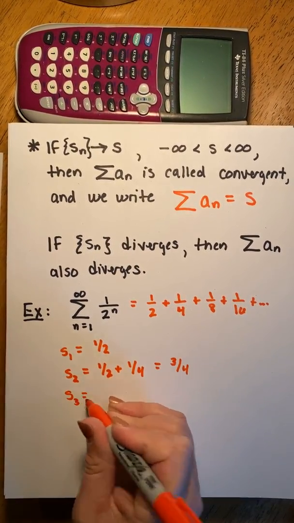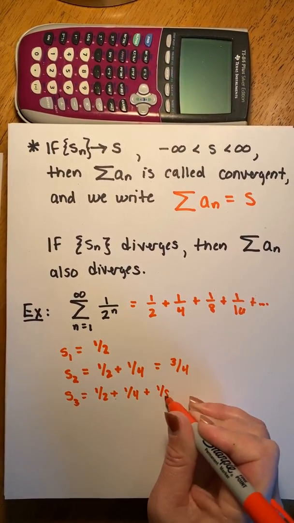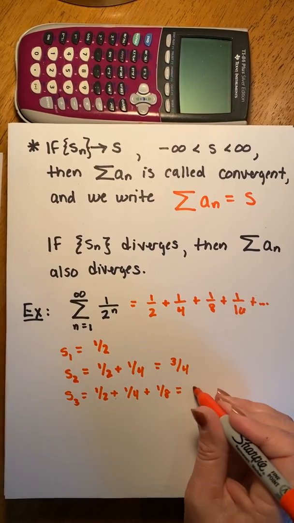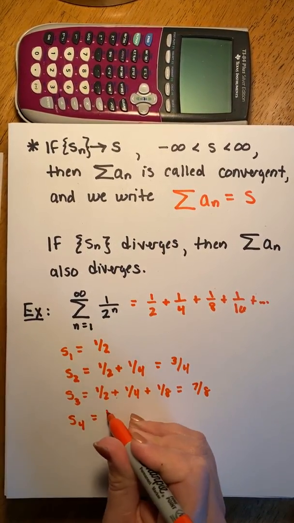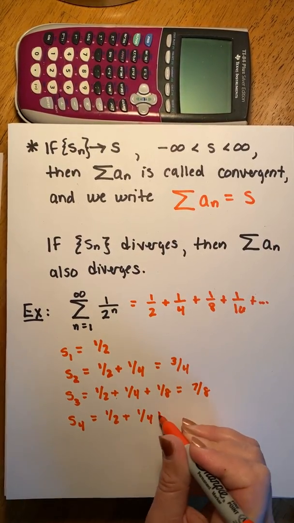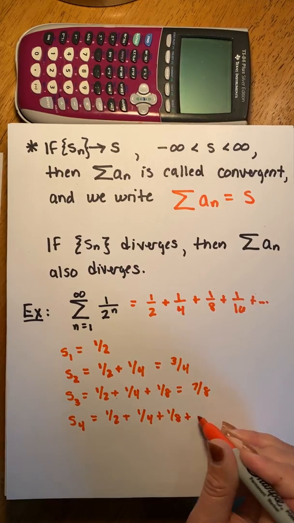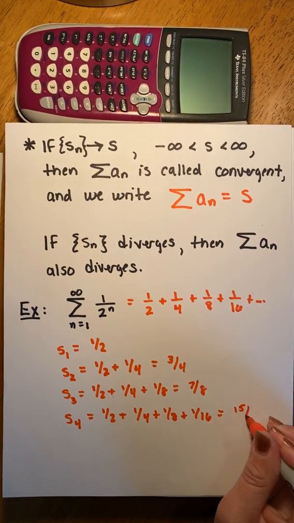The third partial sum is 1/2 plus 1/4 plus 1/8, and if we add those together, we get 7/8. We continue on forever and see how these numbers behave. And in this case, we're going to get 15/16.